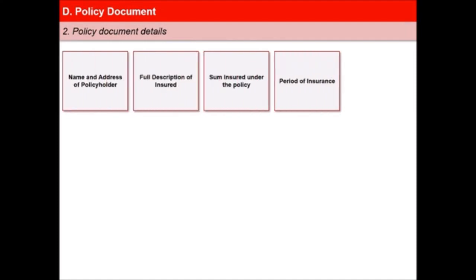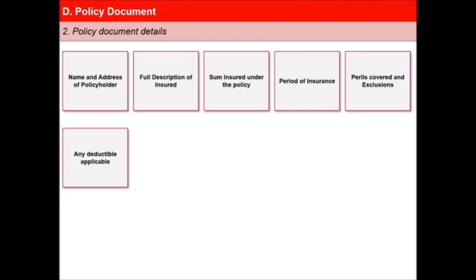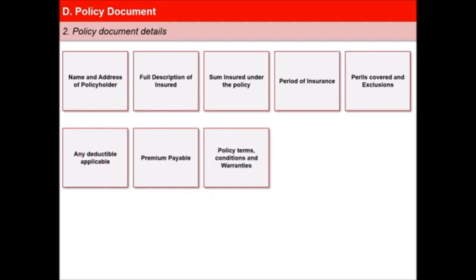Period of insurance. Perils covered and exclusions. Any excess or deductible applicable. Premium payable, and where the premium is provisional, subject to adjustment, the basis of adjustment of premium. Policy terms, conditions, and warranties.